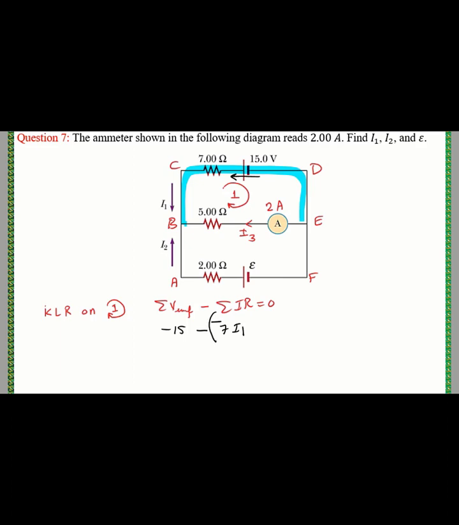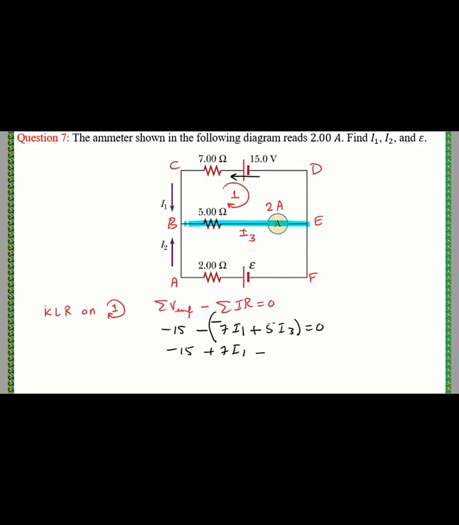Put the bracket here. Plus, if you go from E to B, the current is with you, and it flows through 5 ohms. So 5I3.